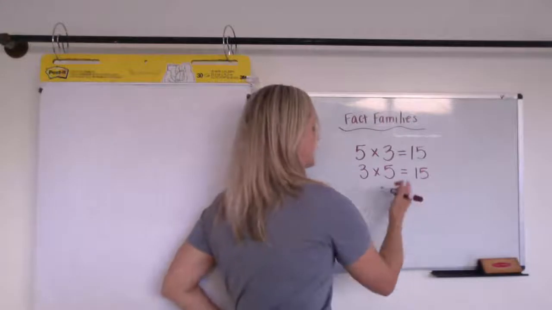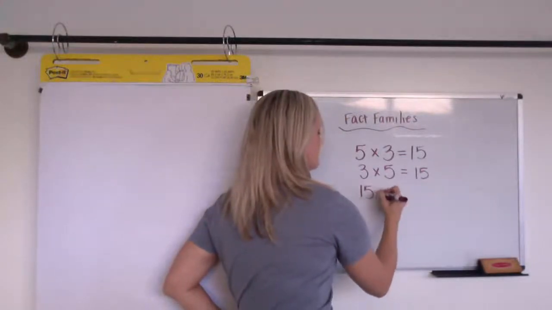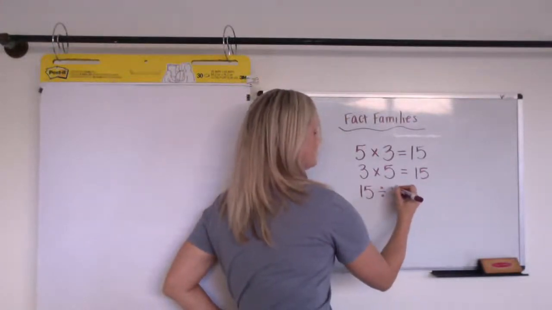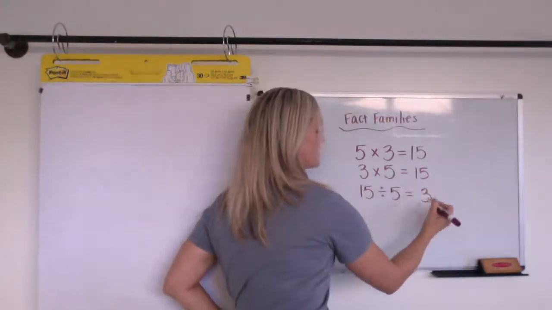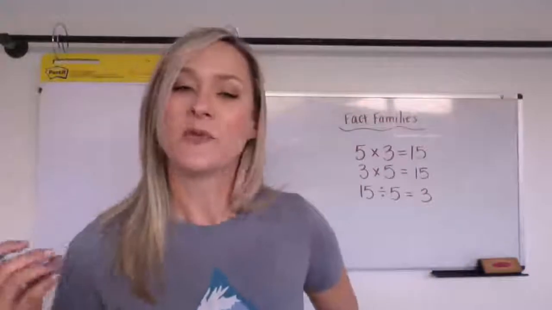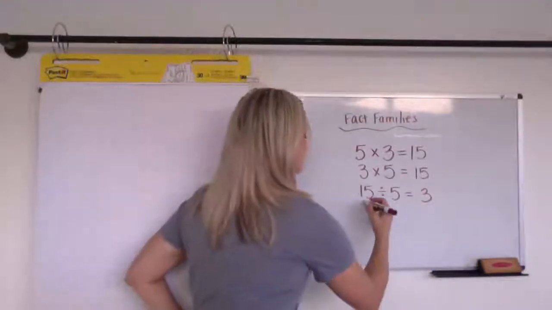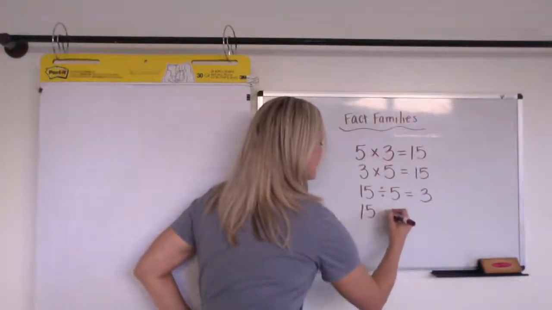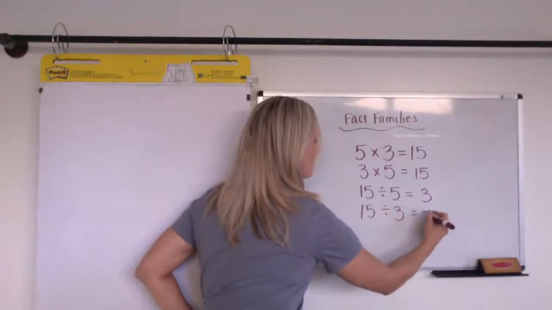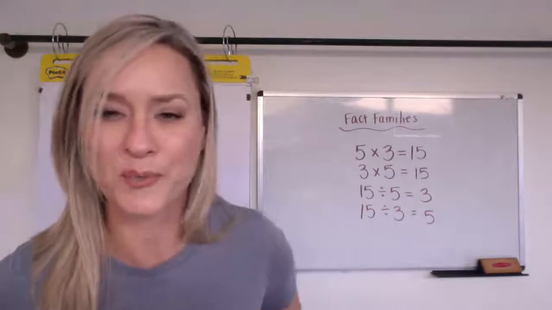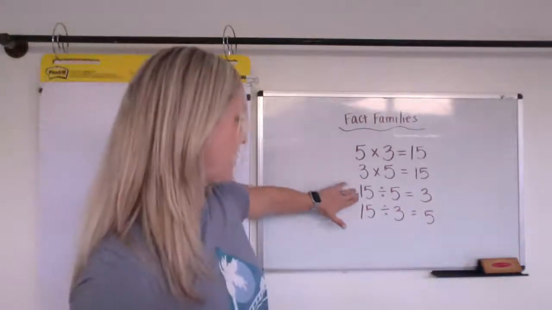So 15 divided into 5 groups would be 3 things per group. And then we could also say 15 divided into 3 groups would equal 5 things per group, right? So we have a fact family.